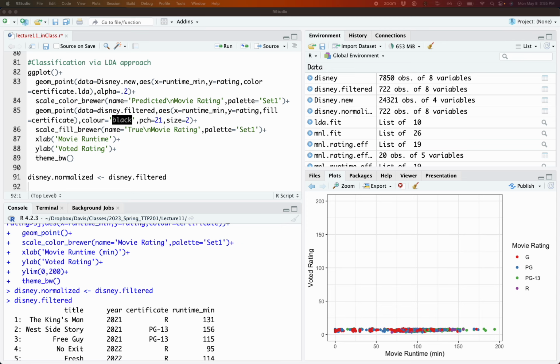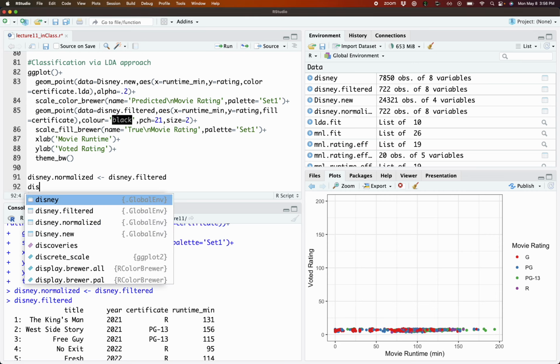Okay, we can use the function called scale to do it.